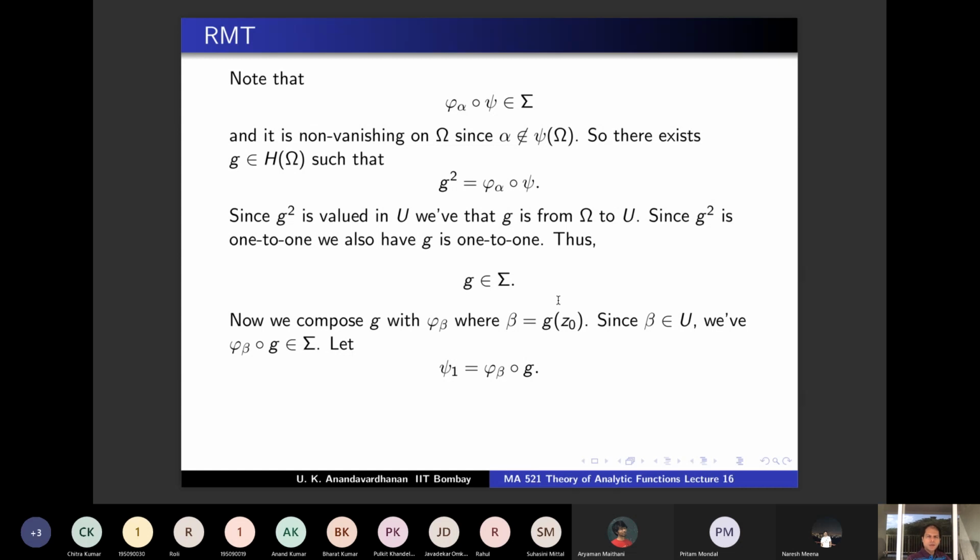The claim is this psi 1 will do the job. This is where the Schwarz lemma idea will come. So we claim that the modulus of psi 1 prime at z0 is strictly bigger than the modulus of psi prime at z0.